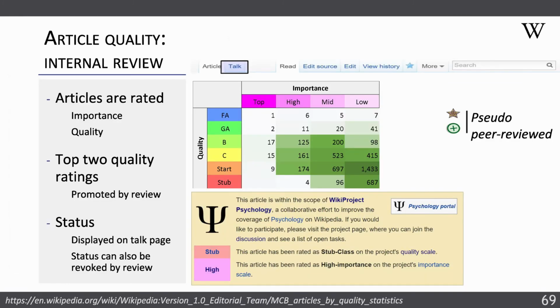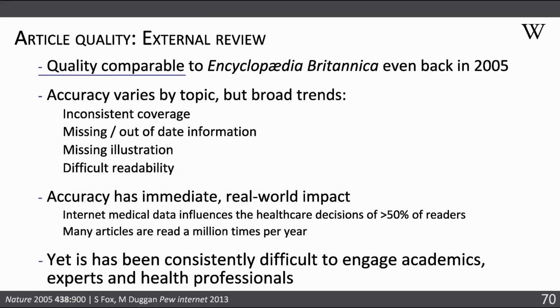So Wikipedia has a way of rating the importance of the article and the quality of the article. And the accuracy of Wikipedia articles now is tied or better than Encyclopedia Britannica, which is why Britannica is not selling hard copy versions anymore.